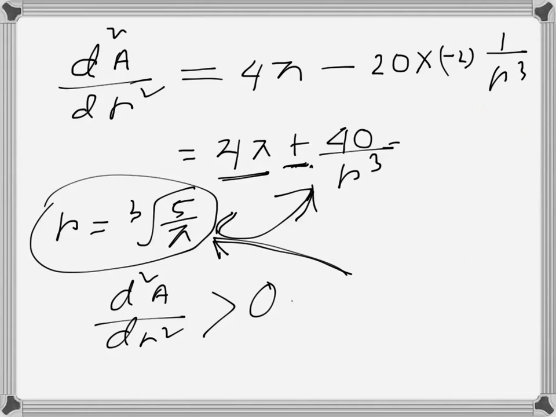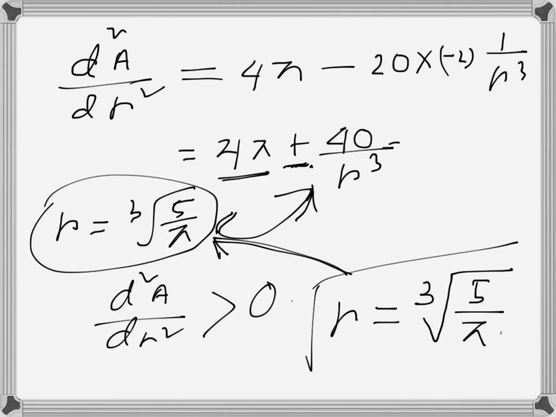Since this is greater than 0, of course this value is minimum. So that part is proved. So we have found the value of r for which the value of A becomes a minimum. So that's the result there.